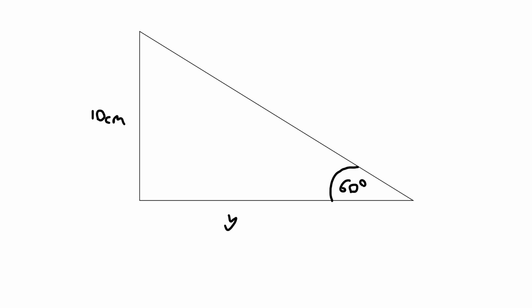What about something like this? Well, we can see that we have an opposite, we have an adjacent, so it's tan. I think there's more space up here, I'll use here. So tan 60 is equal to 10 over adjacent.